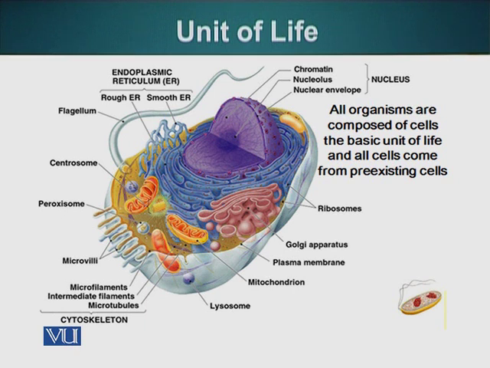That substrate along which motor proteins move are the cytoskeletal elements. The cytoskeleton is composed of three different types: microfilaments or actin filaments, microtubules, and intermediate filaments. We'll talk about these three components in more detail later on.